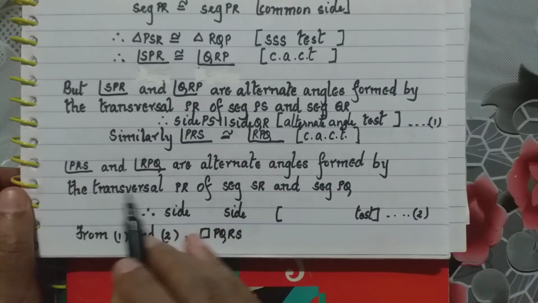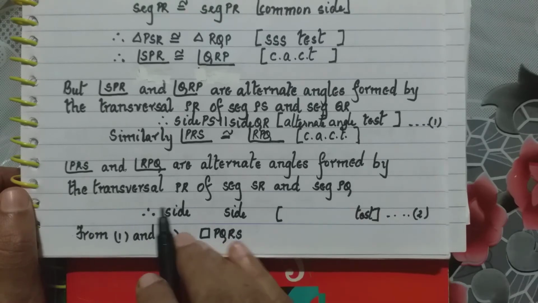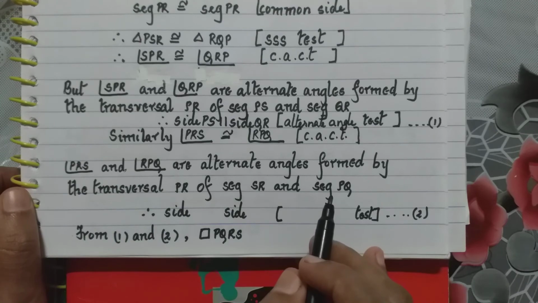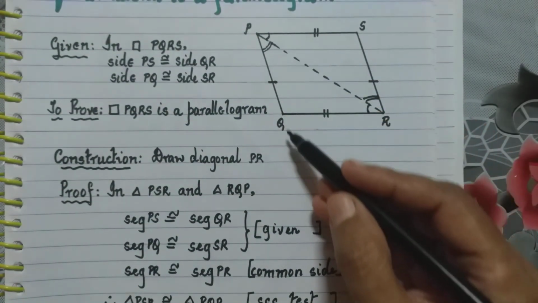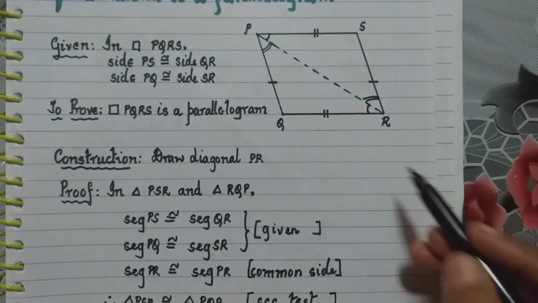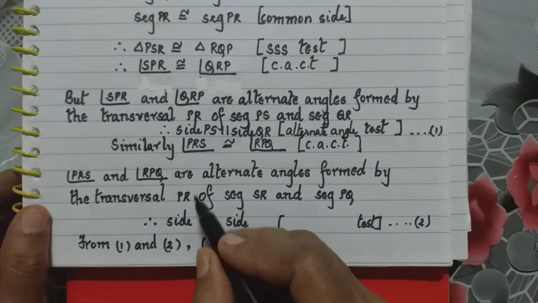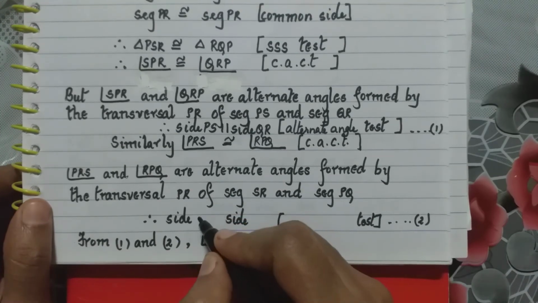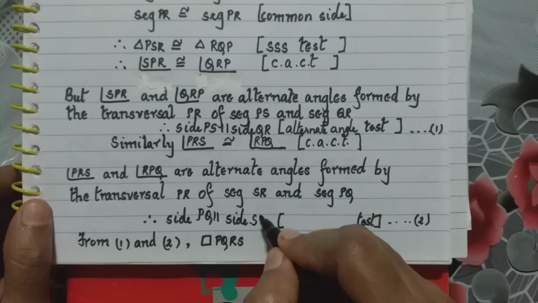Angle PRS and angle RPQ are alternate angles formed by the transversal PR of segment SR and segment PQ. So what can we say therefore? Segment PQ is parallel to segment SR. So either we say segment or we can say side. Side PQ is parallel to side SR.